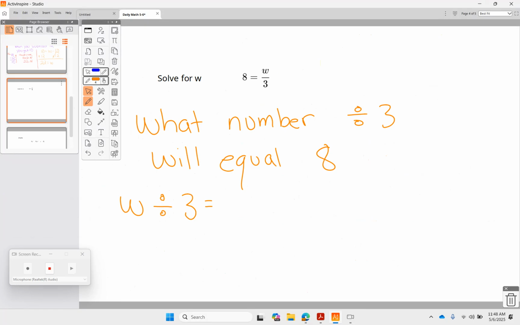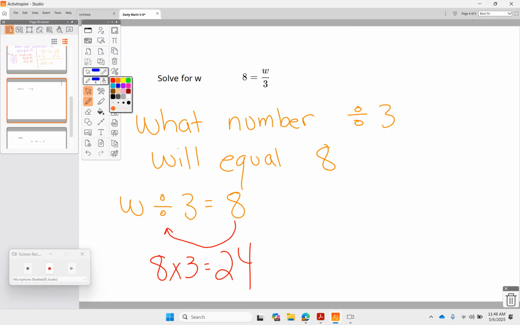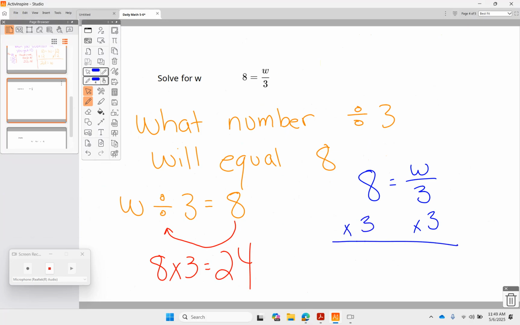Well, again, if you remember from prior grades, you can check problems by doing the inverse. 8 times 3 equals what number? It's 24. Or if you want to do it the way it's written here, this is division. The opposite of division is multiply. When you multiply on both sides, 8 times 3 is 24. And that's how you do that problem.